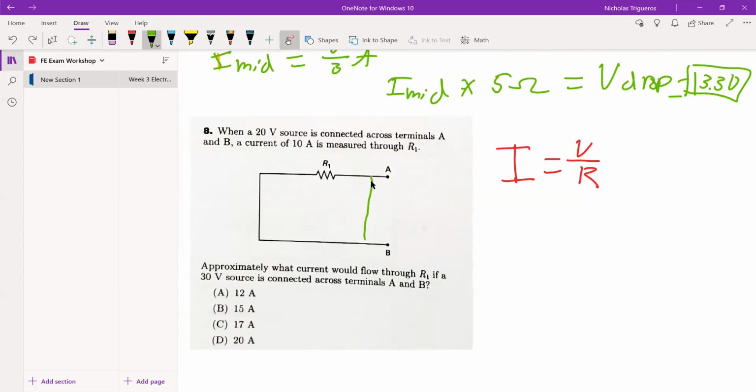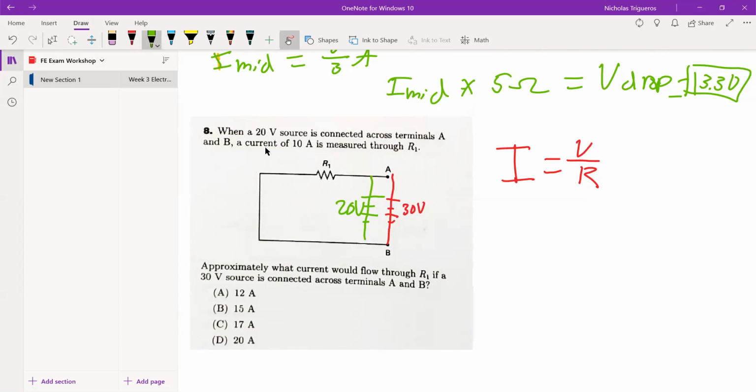When a 20-volt source is connected, and then when a 30-volt source is connected. First, we do the 20-volt.